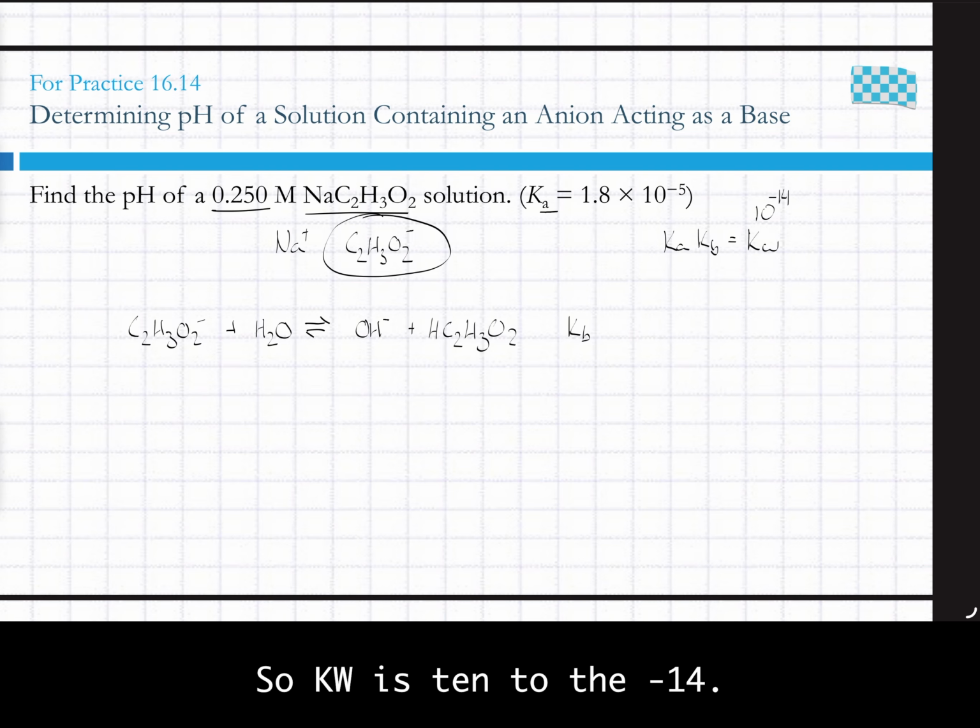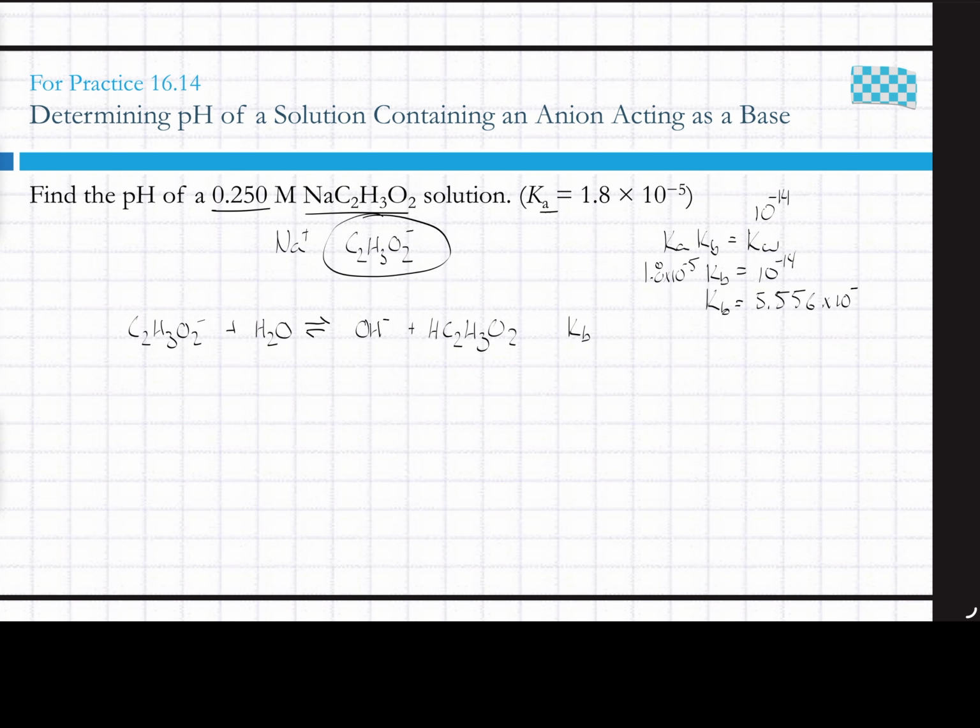So Kw is 10 to the minus 14, so I can plug in Ka and Kw and solve for Kb. So Kb equals 5.5 repeating times 10 to the negative 10.